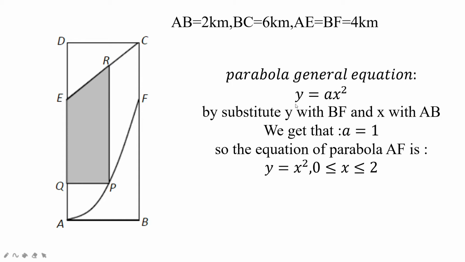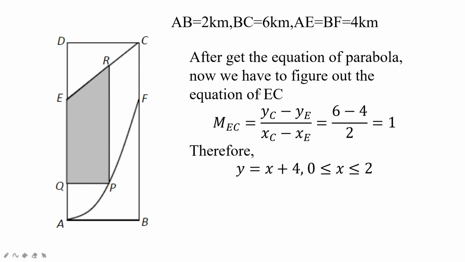So we can get the value of a by substituting the coordinates of F. After substituting, we get that the value of a equals 1. So the equation of parabola AF is y equals x squared, where the domain is 0 to 2.